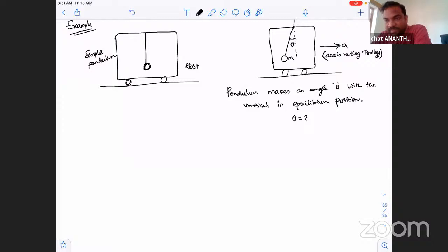You can solve from anywhere. You can solve from the ground frame, you can solve from the trolley also. You can do it anyway.